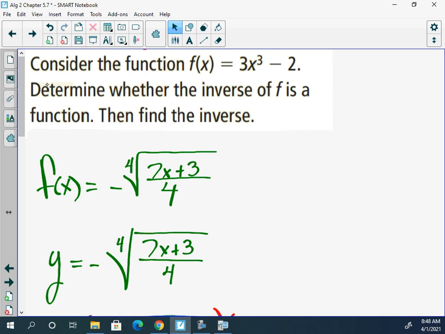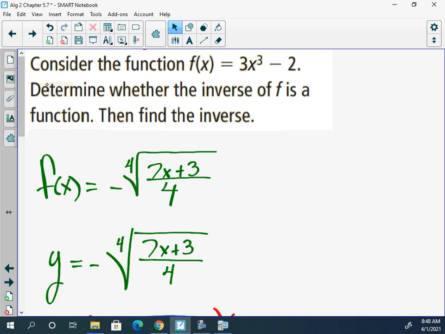Because that would be the domain, if we were to find that. And if we were looking at that there, -3/7 would be the smallest value that we could have.